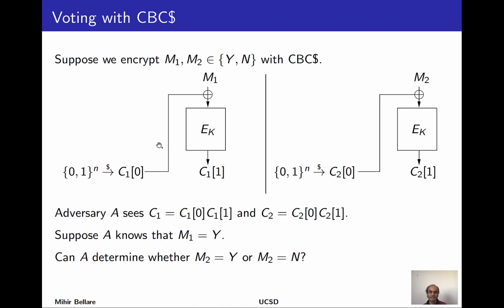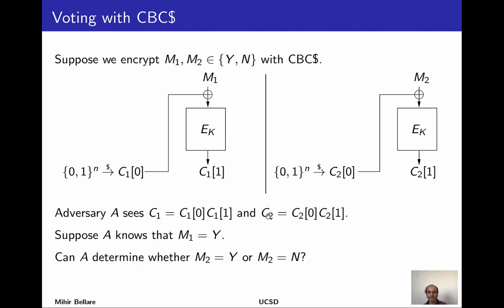If you're now doing CBC encryption, when I encrypt M1, a random IV will be chosen, and encryption will happen like this, and this 2-block ciphertext is transmitted. When I now encrypt M2, a fresh random IV is chosen, and this 2-block ciphertext is transmitted. Suppose the adversary, as before, knows that the first message is a yes. Can it determine whether the second is yes or no? And the answer is that it seems pretty hard.